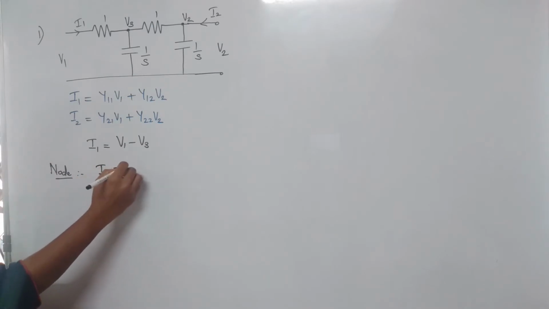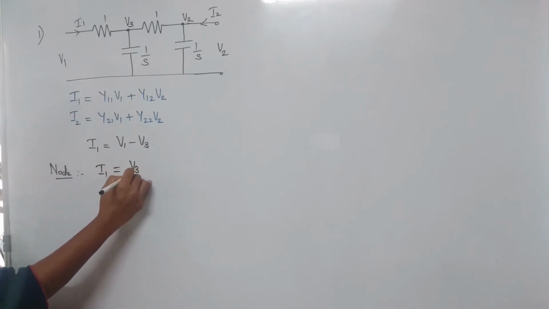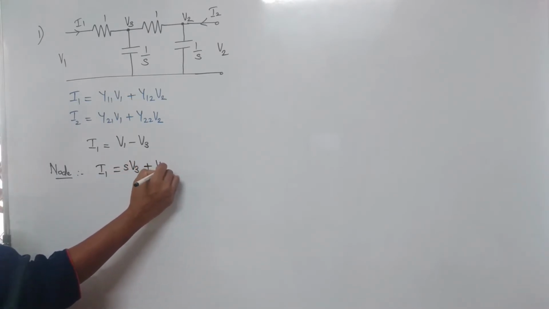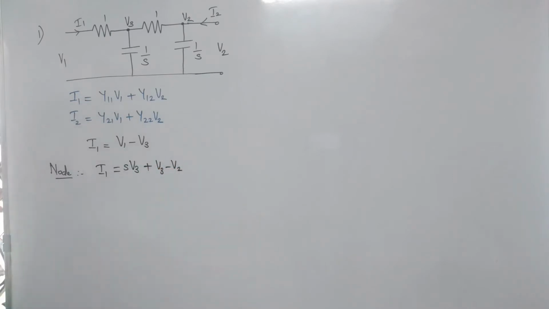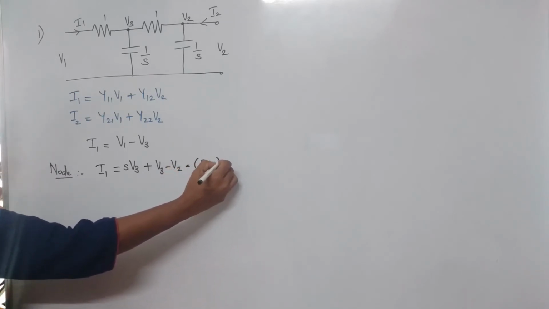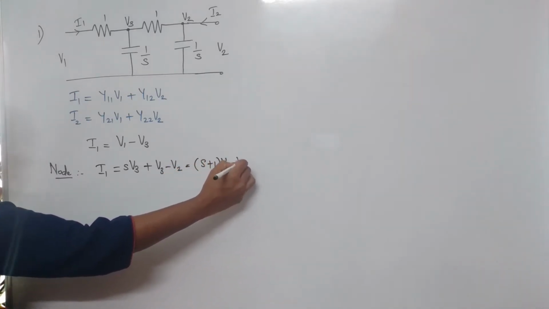I1 is equal to V3 by 1 by S, which is S into V3, plus V3 minus V2 by 1, or this is S plus 1 into V3 minus V2.